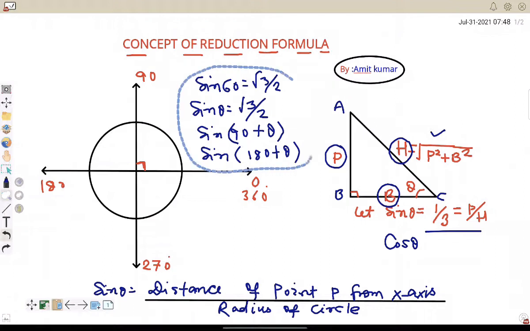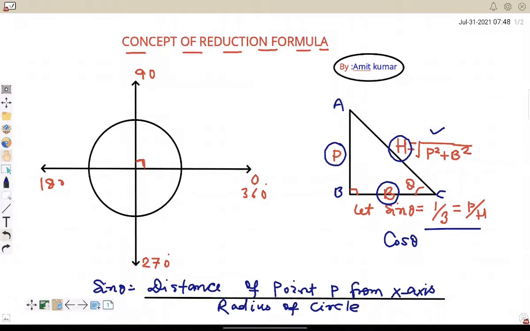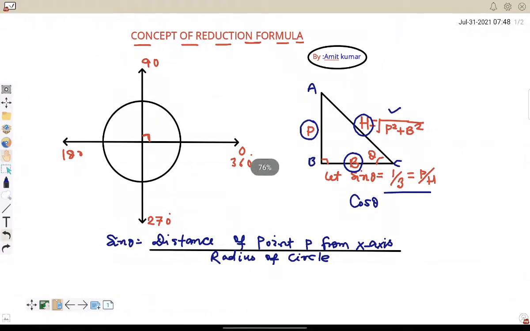Before that, I will define the basic definition of sine theta. You can consider any point on the given circle. Let's say we have a point P which lies on a circle here.